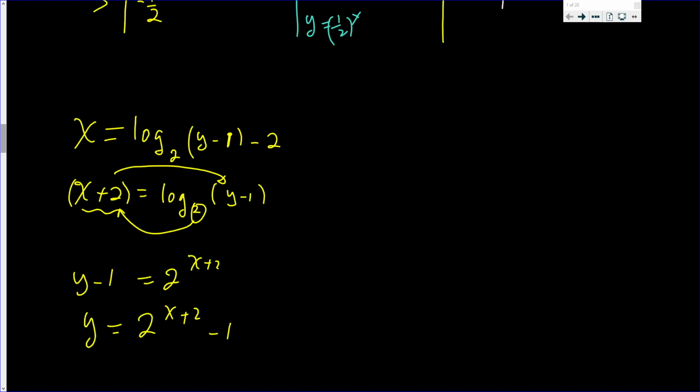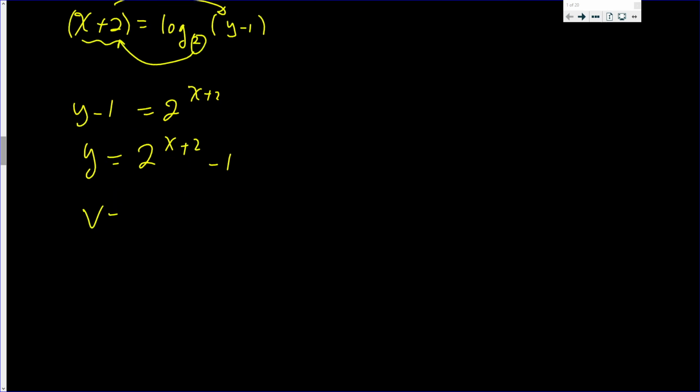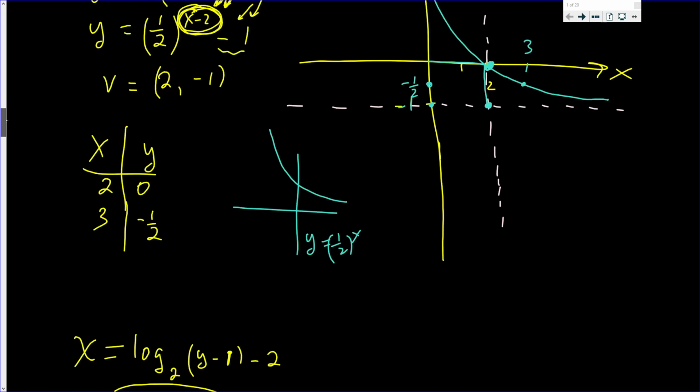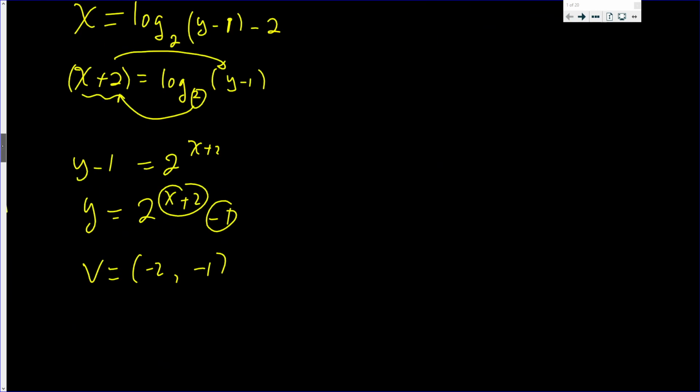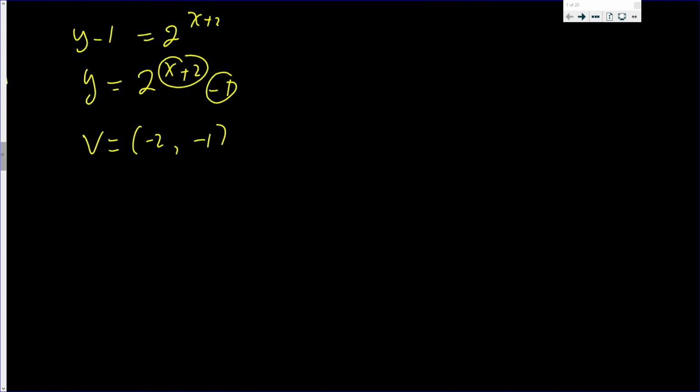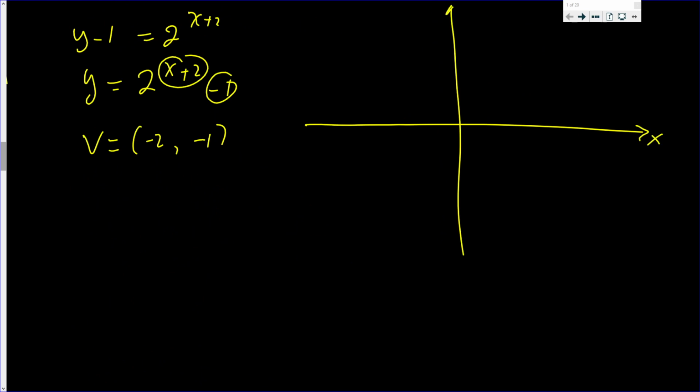And find the vertex. What makes this 0 is -2, and what that says is -1. So that's my vertex. Okay. So I draw my formal axes, and then I go to (-2, -1).